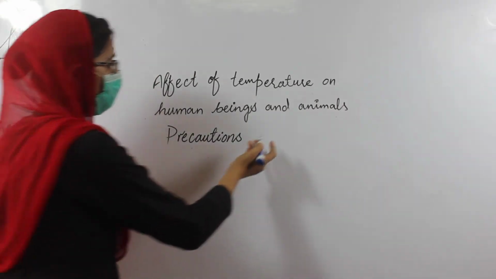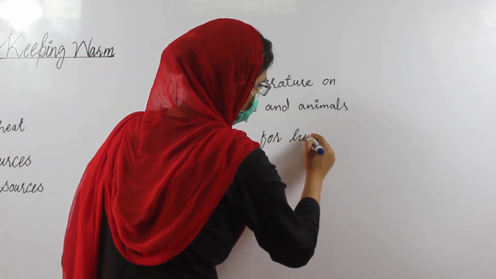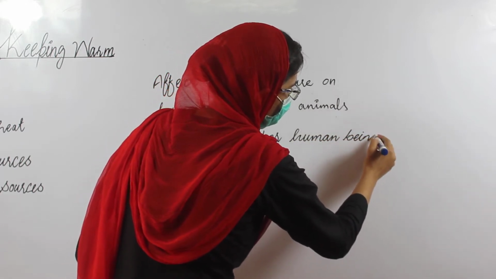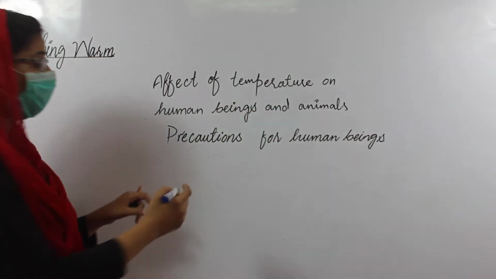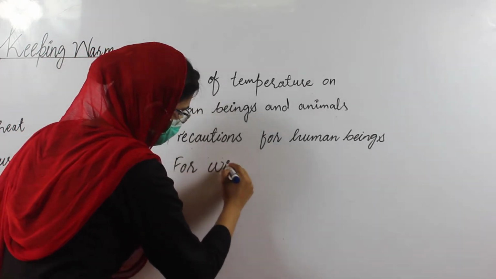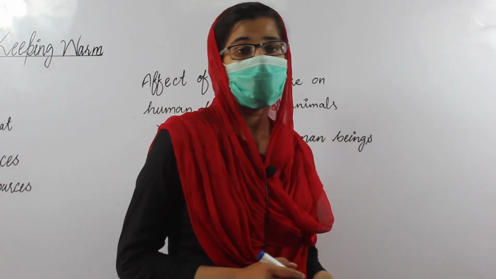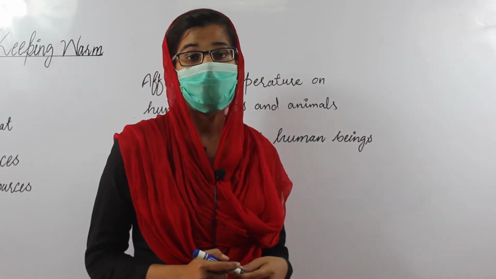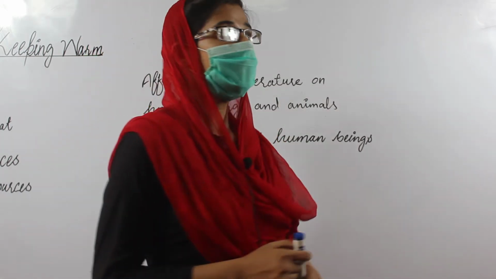Precautions for human beings, and here are the precautions for winter. Here are some precautions for human beings: how human beings keep themselves warm in winter, and how they keep themselves cool in summer.